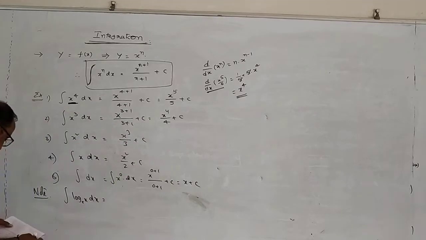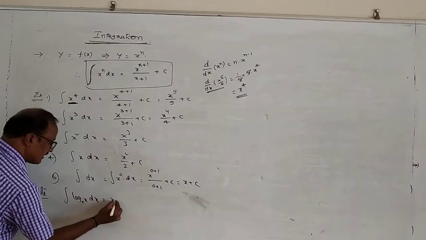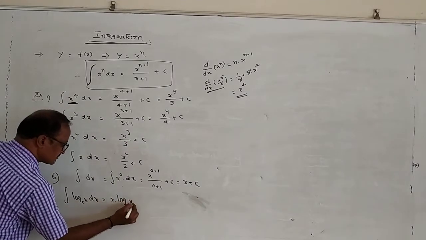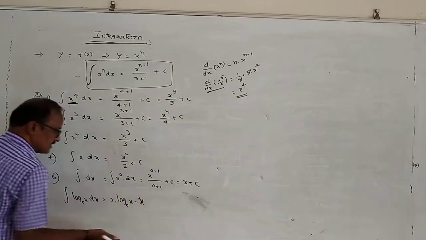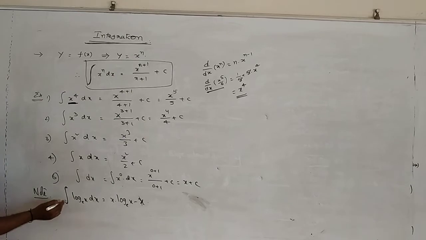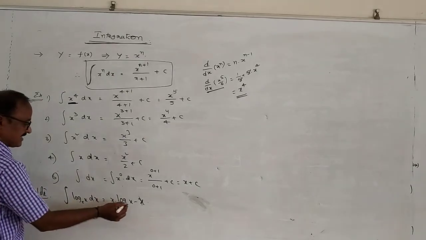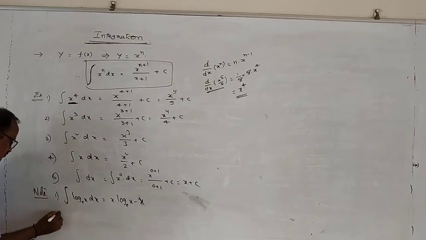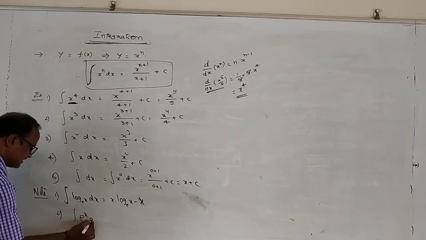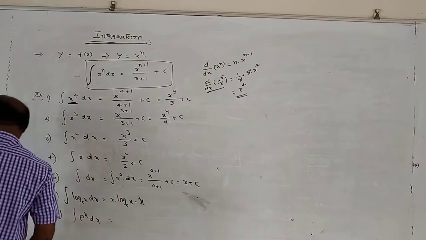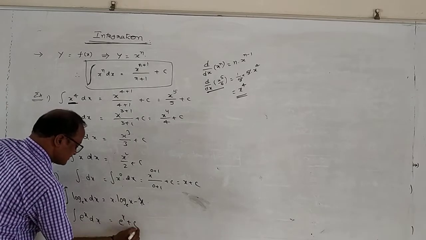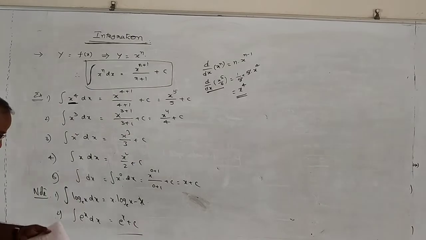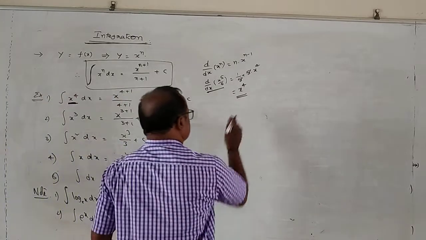The formula is integral log x dx is equal to x log x minus x, and integral e power x into dx is equal to e power x plus c.